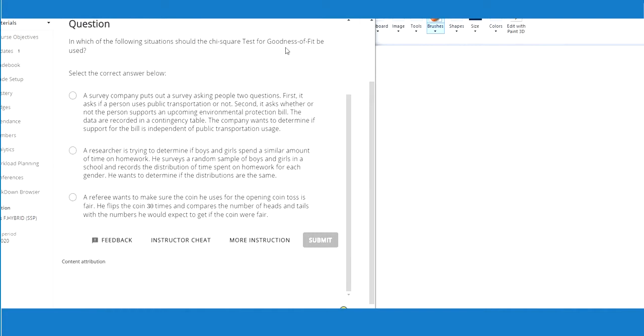Okay, the chi-square goodness of fit test is a test to see whether your data comes from an expected distribution. Let's say, just a real quick example, Monday, Tuesday, Wednesday, Thursday, Friday, Saturday, Sunday.